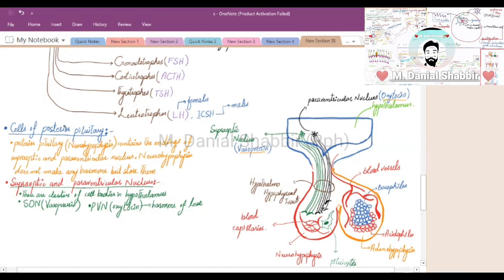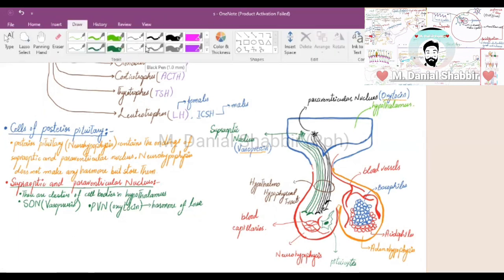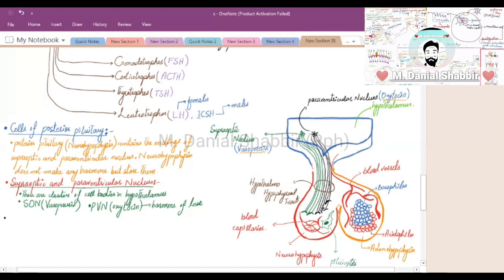Now come towards another type of cells here in the posterior pituitary, and these cells are pituicytes. We'll explain in detail in this diagram as well.